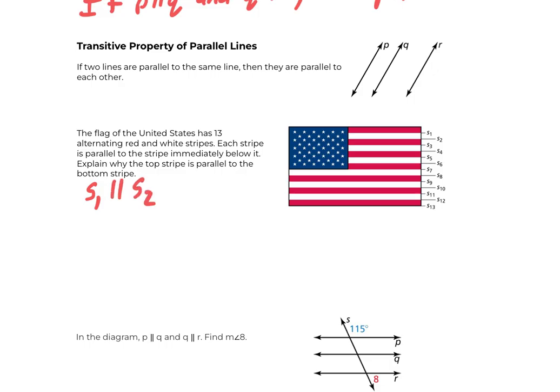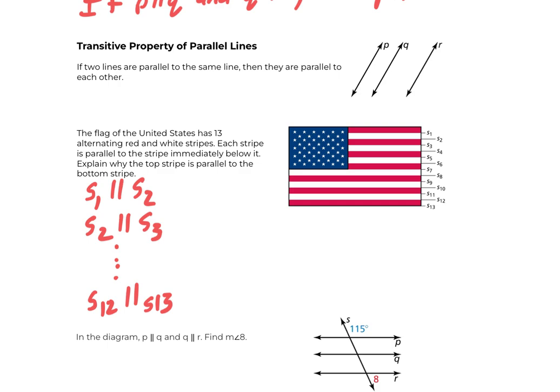Stripe 1 is parallel to stripe 2. Stripe 2 is parallel to stripe 3. Okay? And we can keep going until we have said that stripe 12 is parallel to stripe 13. So each stripe is parallel to the stripe right below it.